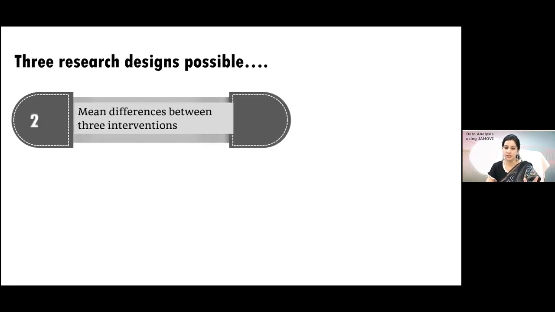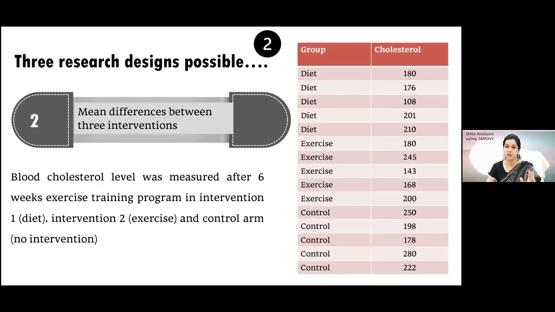The other type of research design could be if I want to see the mean differences between 3 interventions. So you have got 3 groups. There is a group of people where the intervention is through diet. There is a group where the intervention is through exercise. And the third group is the control arm.